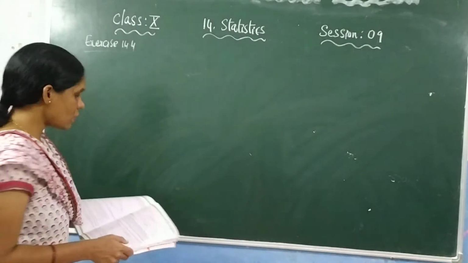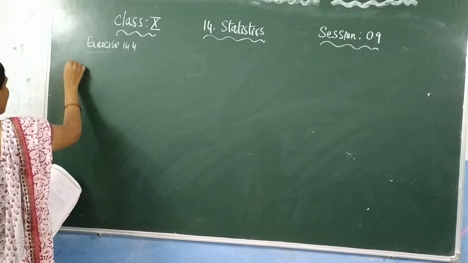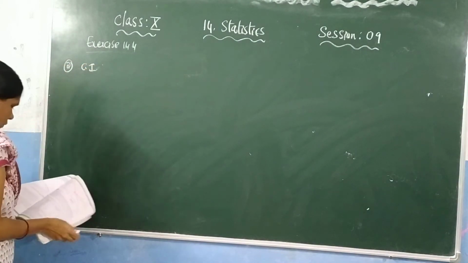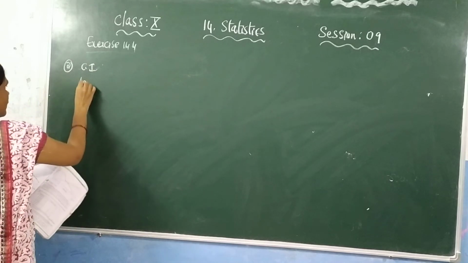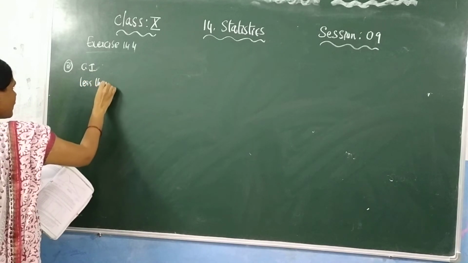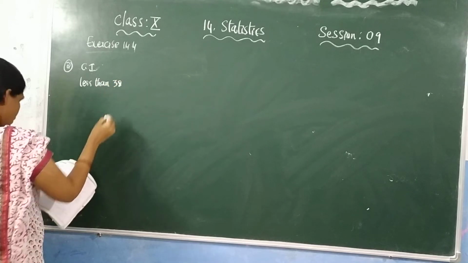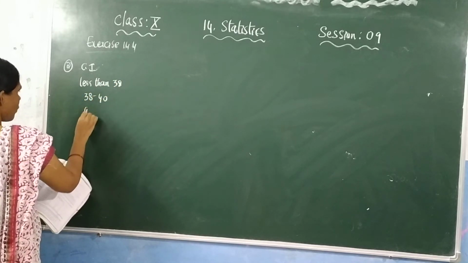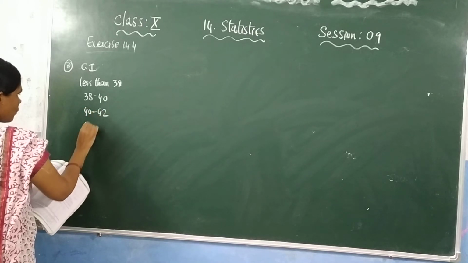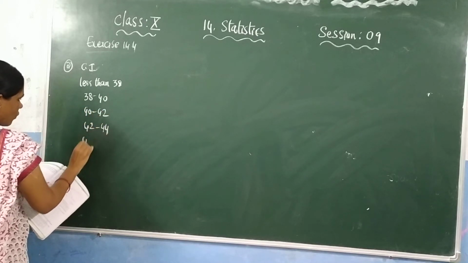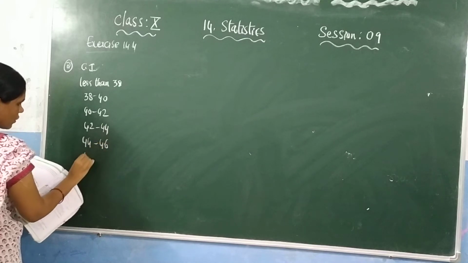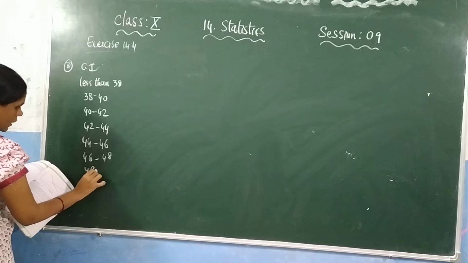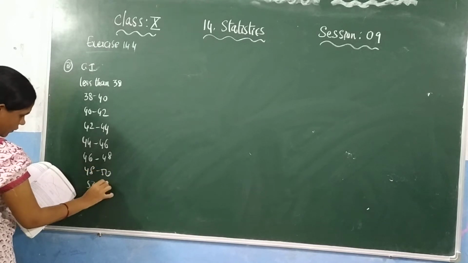For that, first write the class intervals they have given. First one less than 38. The next ones: 38 to 40, 40 to 42, 42 to 44, 44 to 46, 46 to 48, 48 to 50, 50 to 52.